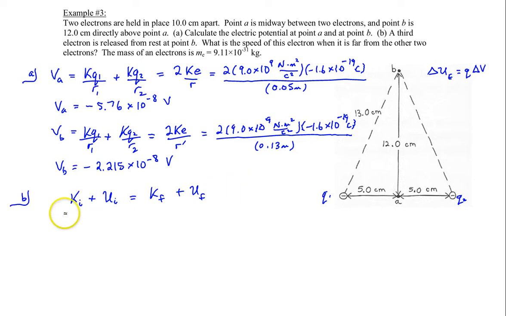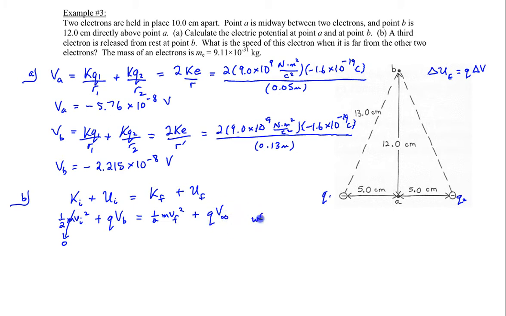So we can rewrite that as 1/2 m v initial squared, but this starts from rest, so this term will be 0, plus Q times the potential initially, which is the potential we calculated at point B, equals the final kinetic energy, 1/2 m v final squared, which is what we're looking for, the final velocity of this electron, plus the final electric potential, which is V at infinity.